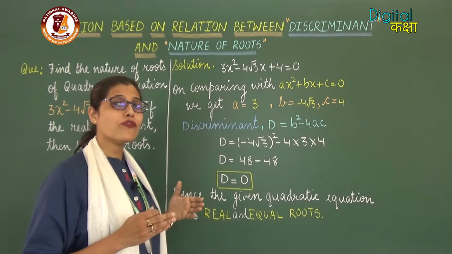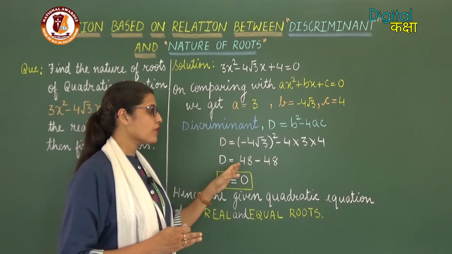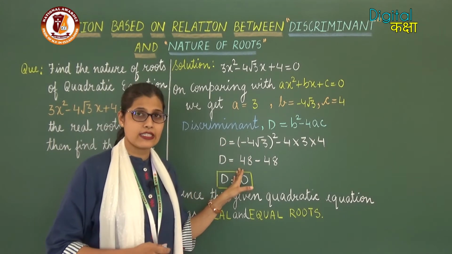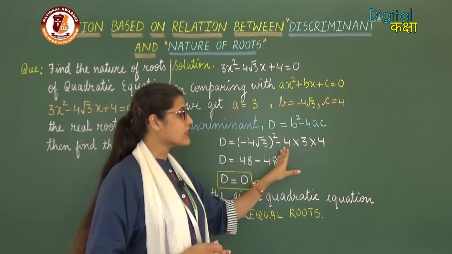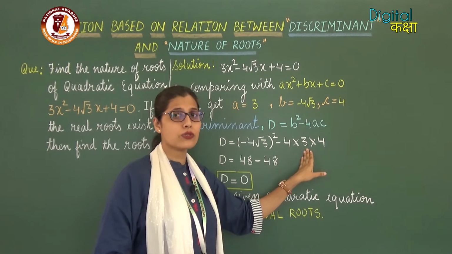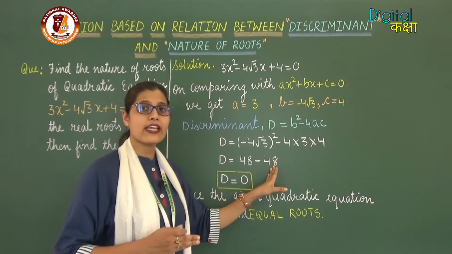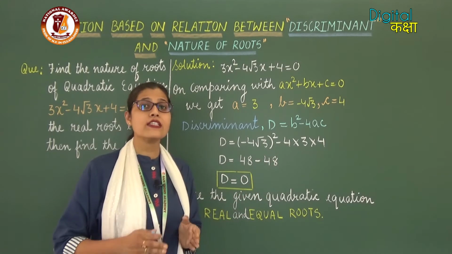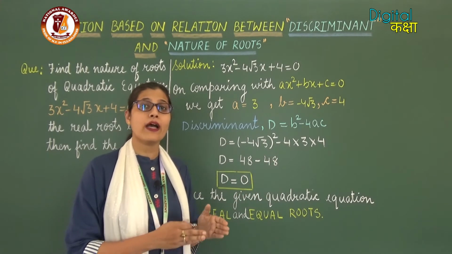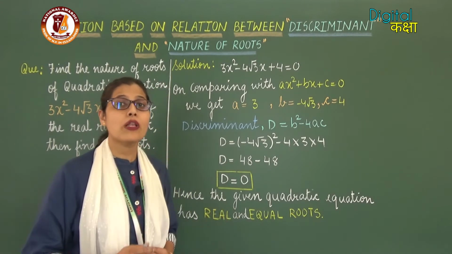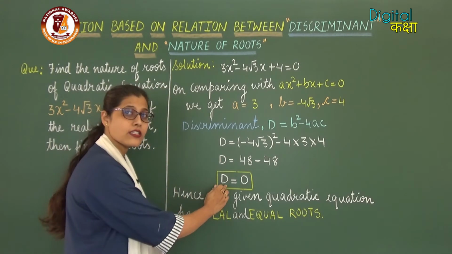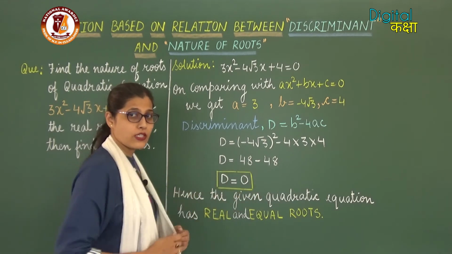The square of −4√3 will be equal to 48, minus the multiplication of 4 into 3 into 4 gives us the product as 48. So on subtracting 48 minus 48, we will be getting the discriminant equal to 0.